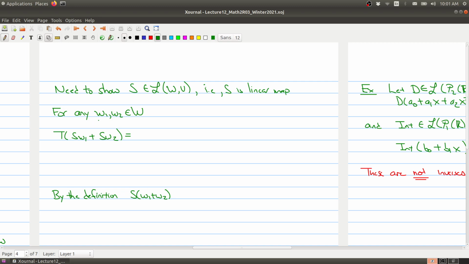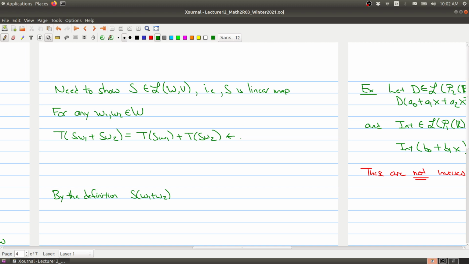Well, if we take any w1 and w2 in W, we can plug w1 in S, and we can plug w2 in S, and we get a vector here and a vector here, and we're adding them together. This is a vector in V, this is a vector in V, so T evaluated at S(w1) plus S(w2) is the same thing as T evaluated at S(w1) plus T evaluated at S(w2).